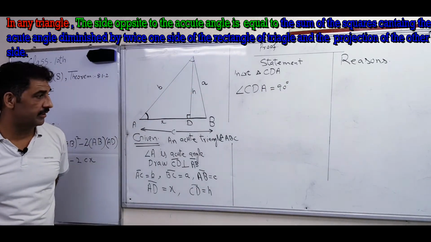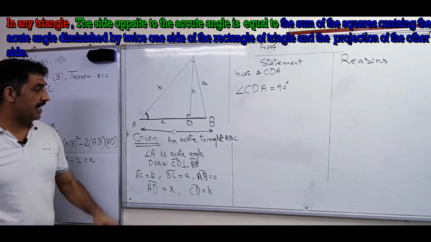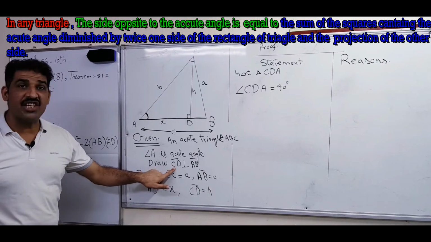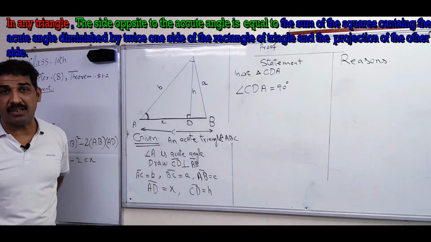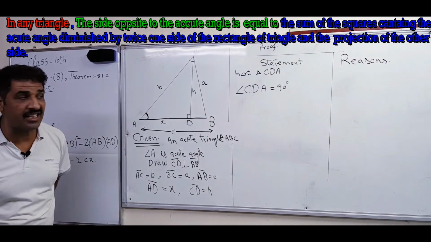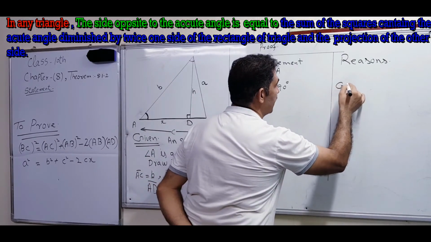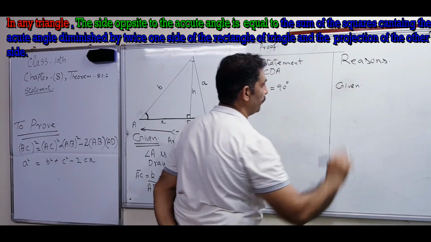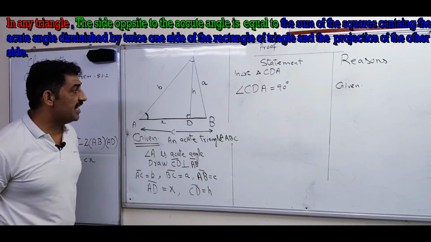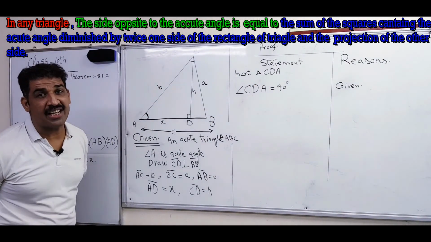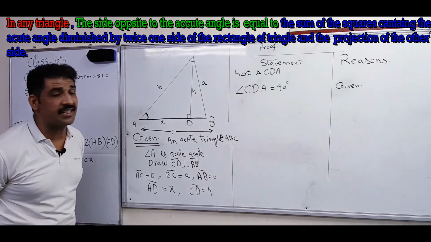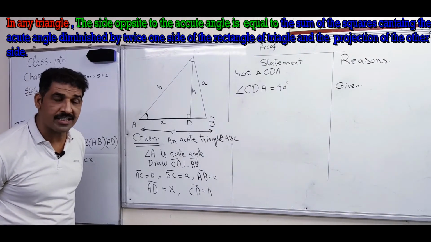What is its reason? Here we say that in the given, CD is perpendicular on AB. Perpendicular means that it is 90 degrees. So we will write the reason as given. If that is a right angle triangle, according to the rule it must satisfy the Pythagoras theorem.